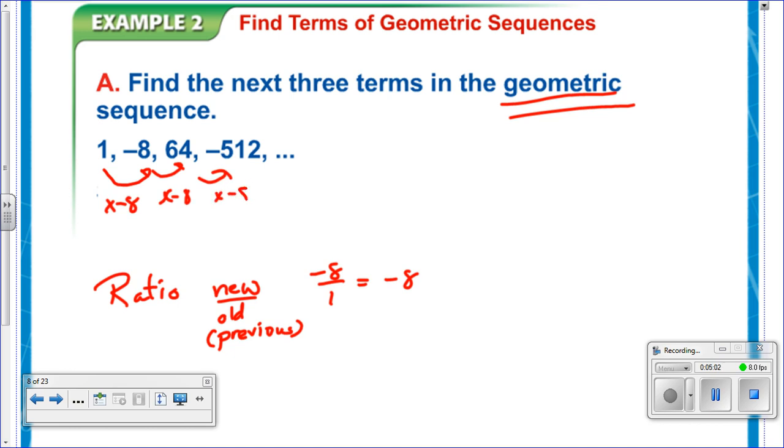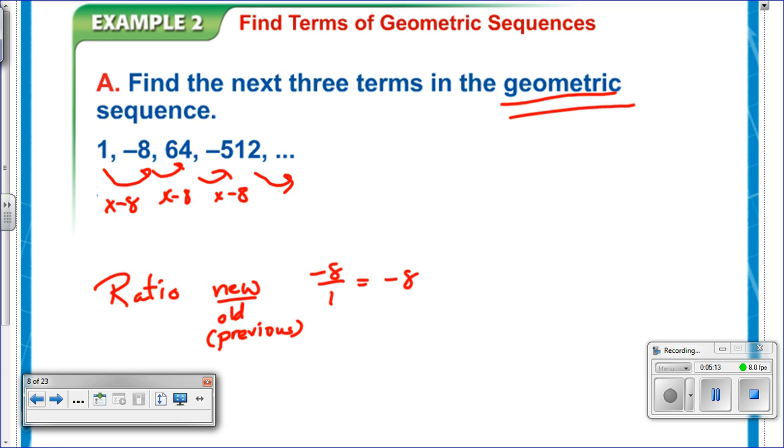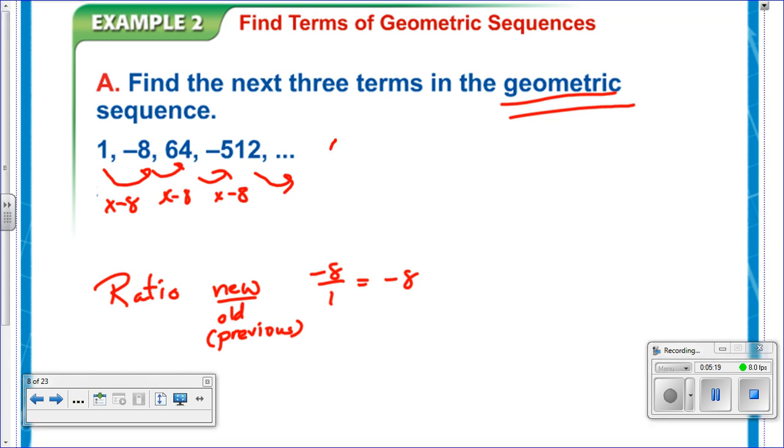And I do. So now I'm just going to take my calculator and multiply the next 3. So I'm going to do this times -8. These numbers are going to be large. So these numbers are pretty big here. So we get 4,096. And on my calculator, I'm going to multiply by -8 again.